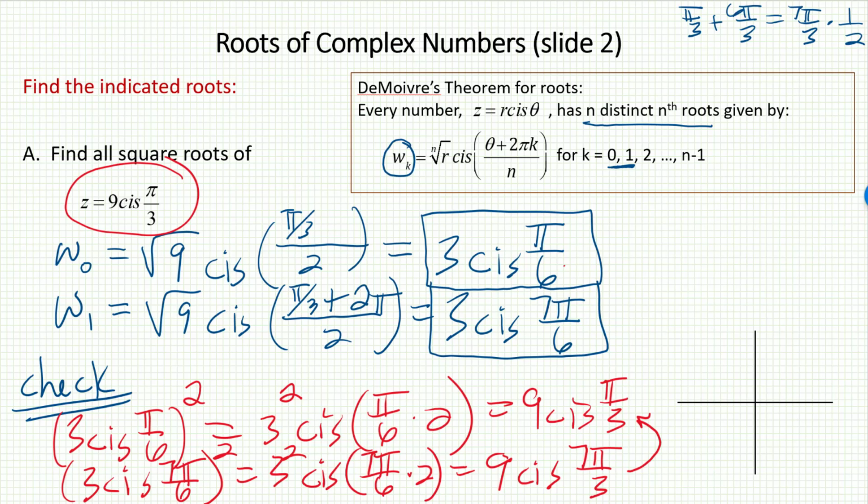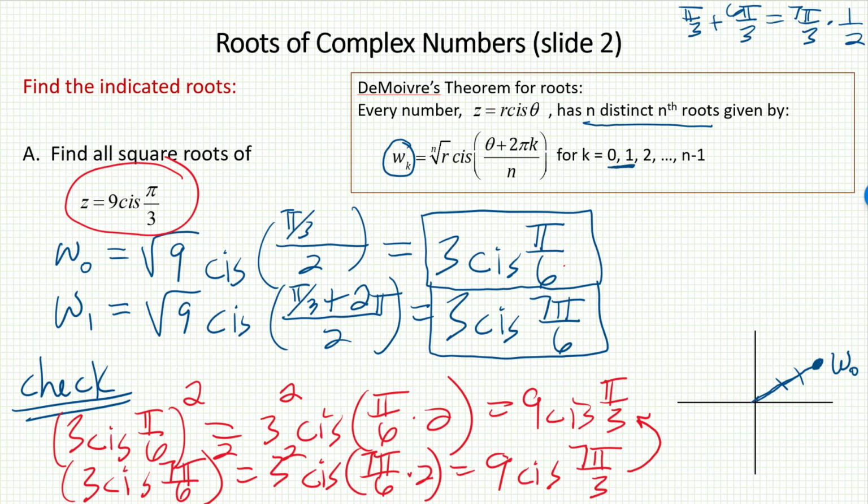One last comment here, and this will become important. What if I was to draw the 2 answers we just got? The first one, 3 cis pi over 6, that means rotate an angle of pi over 6, that's about 30 degrees, and go out a distance of 3 units. So something like that. That dot represents the first answer. The second answer, 3 cis 7 pi over 6. 7 pi over 6 is 210 degrees.